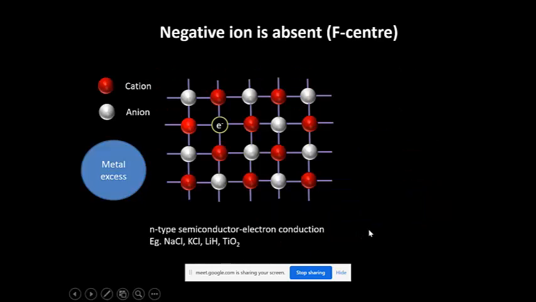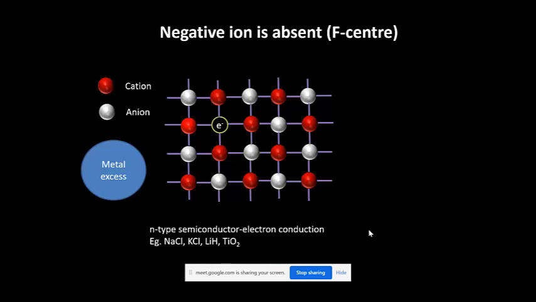Okay, so I think I was discussing the case where the negative ion is absent, meaning one of the anions is missing from its lattice position, and that position is occupied by an electron.